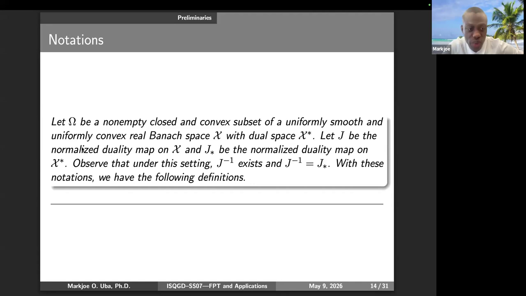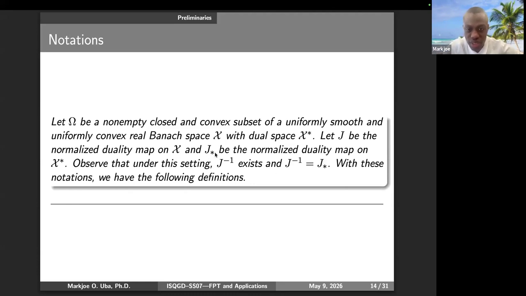So now the notation we're going to use, I already mentioned this before, that here this X star will just be the dual space, so the space of bounded linear functionals defined on X, and the J will be the normalized duality map.